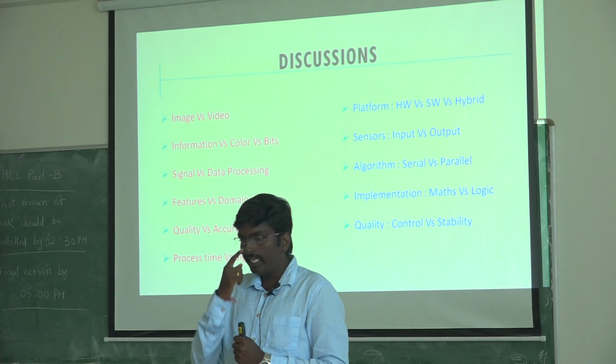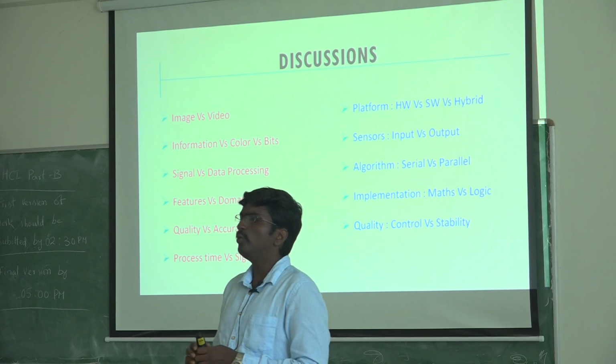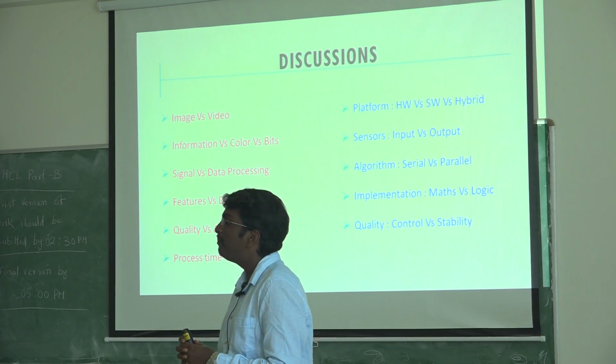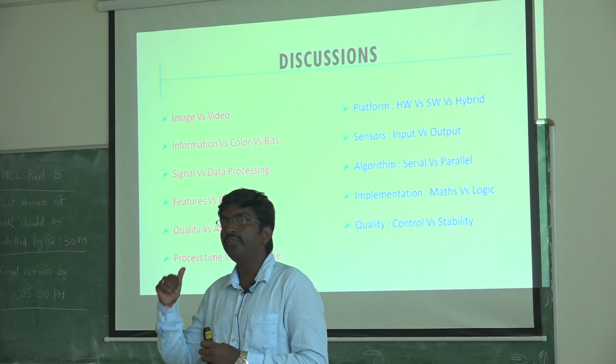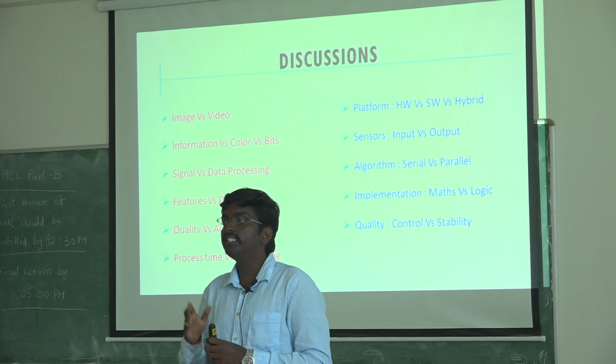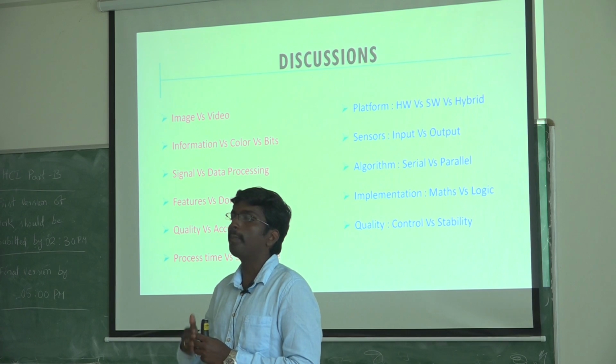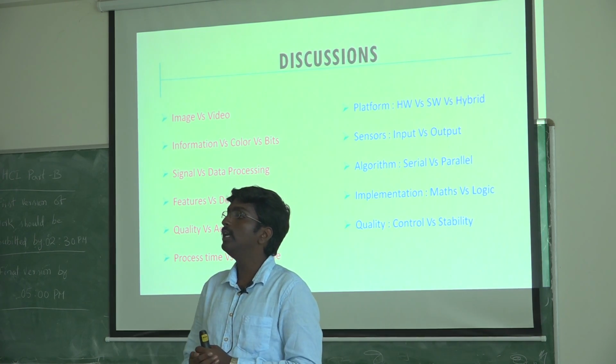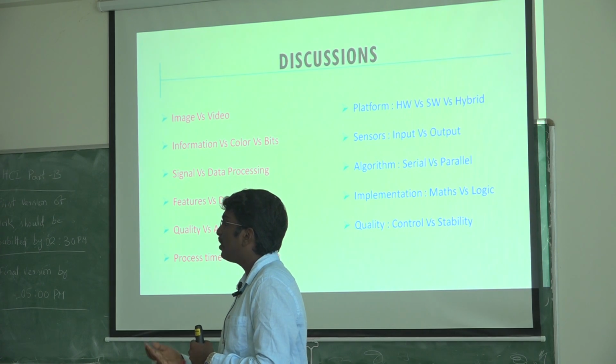So the next is the algorithm. Most of the time we hear about serial, parallel, partial parallel, pipelining, all these contexts. We need to understand whether I need a serial algorithm or a parallel algorithm, and whether this algorithm is suitable for the defined platform, software or hardware.